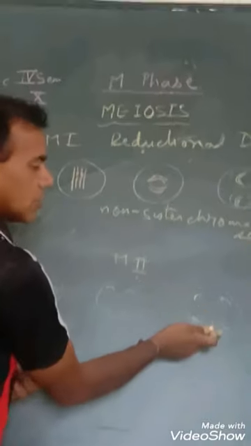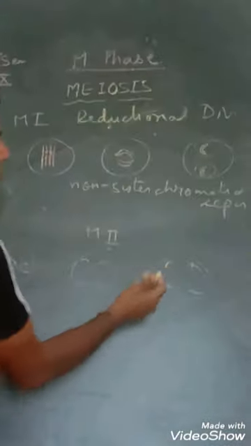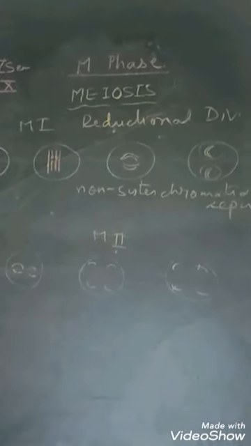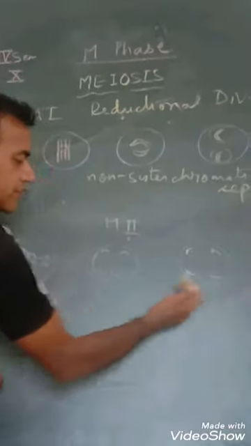Two cells having parental chromosomes and two having recombinant chromosomes. So this is just what we have studied in the whole meiotic system.